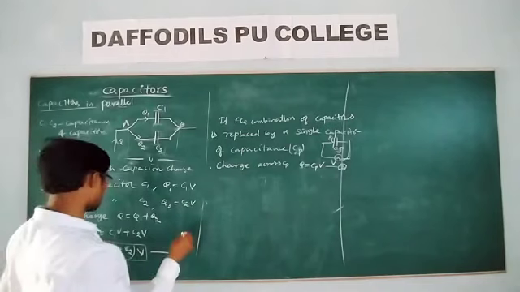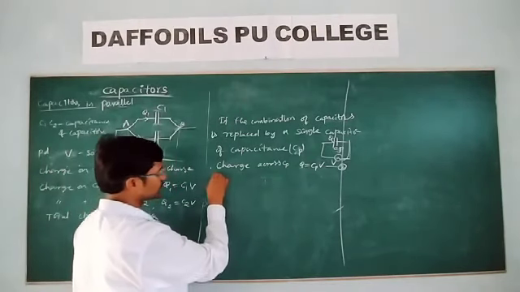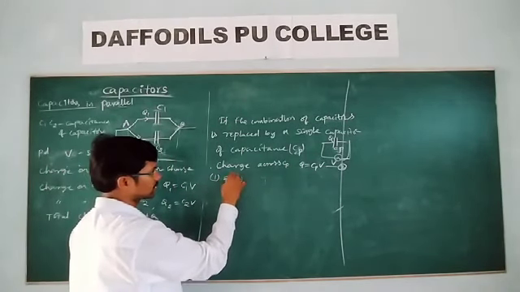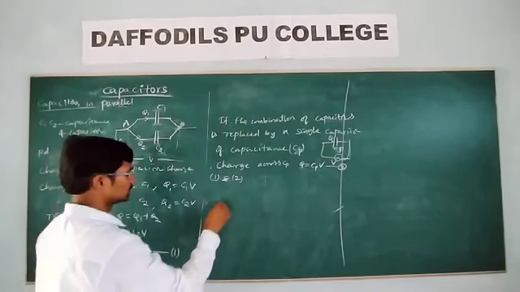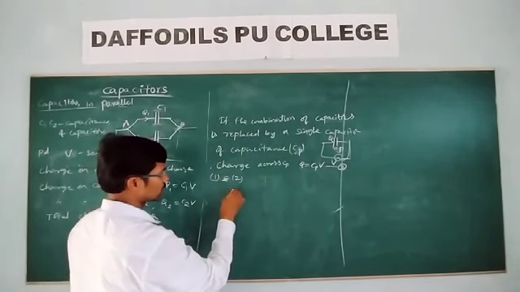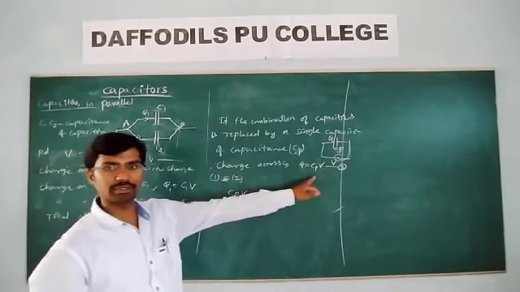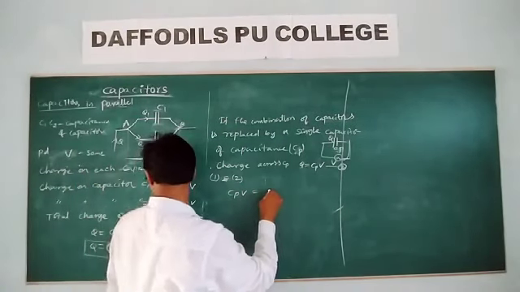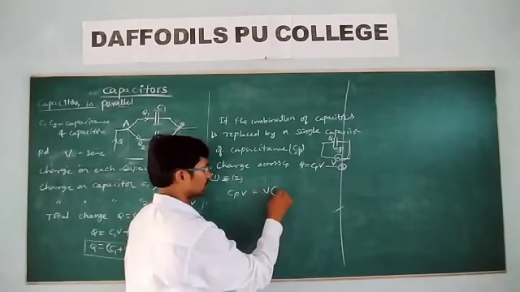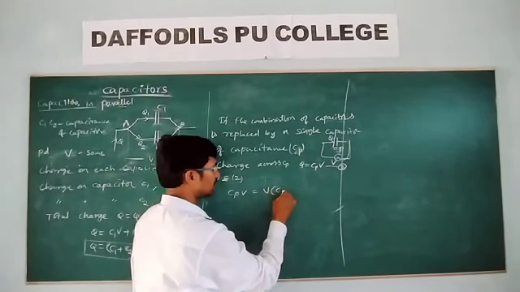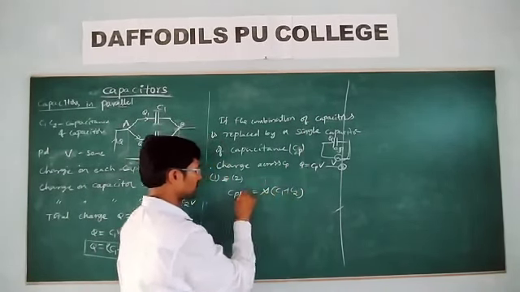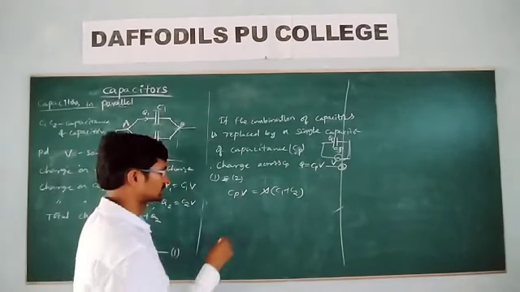Now then, what is the total charge? From the first and second equations, what can you write here? CpV, instead of Q, you can write CpV is equal to, V remains common, then (C1 + C2)V. V and V cancel.